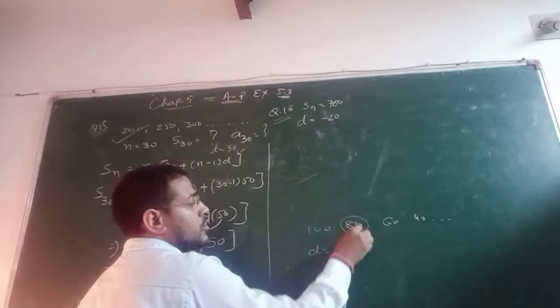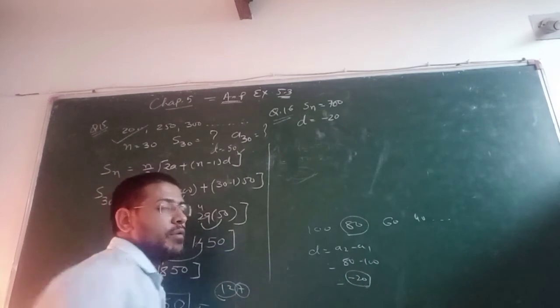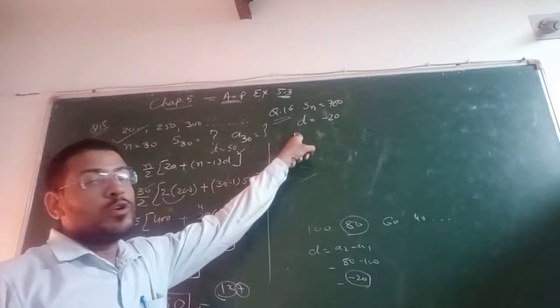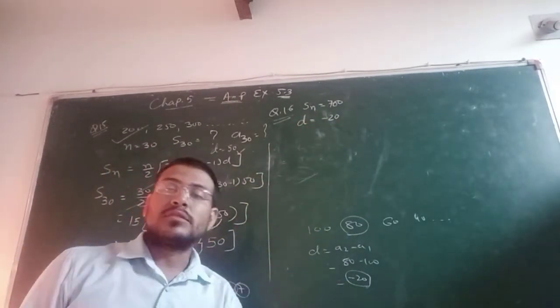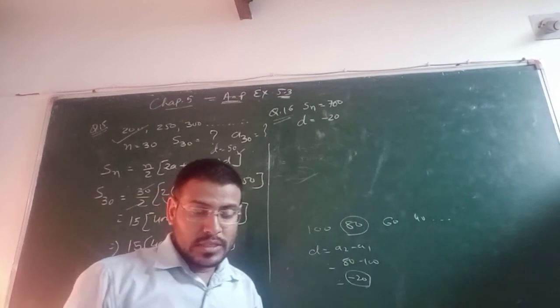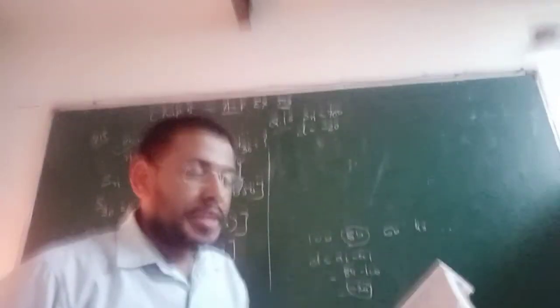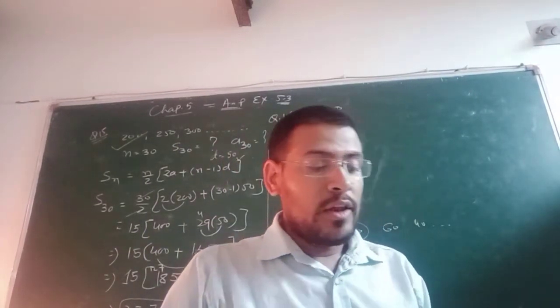So your a2 is equal to 80 minus 100. So 80 में से 100 लेस करोगे, it will be -20, but it is directly given to you that your d, that is -20. How -20? See the words. Each prize is 20 less than its preceding prize. Find the value of each prize.